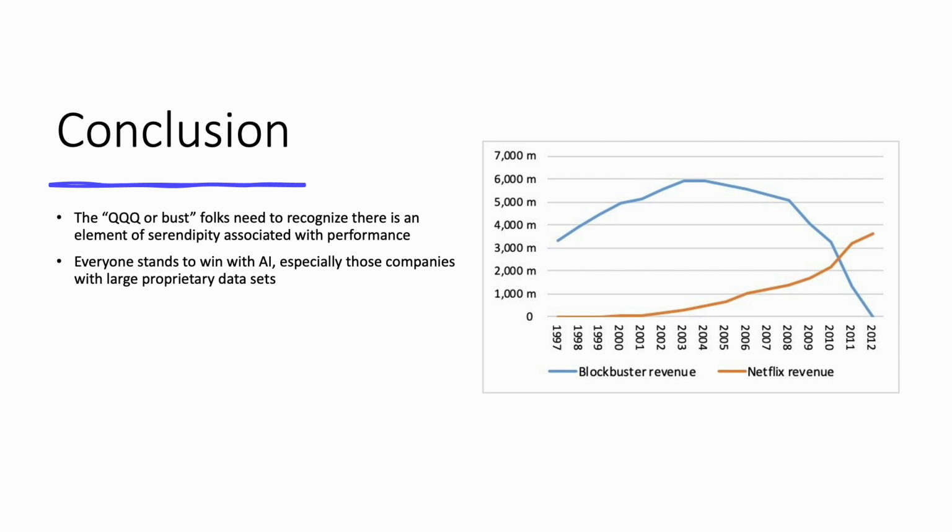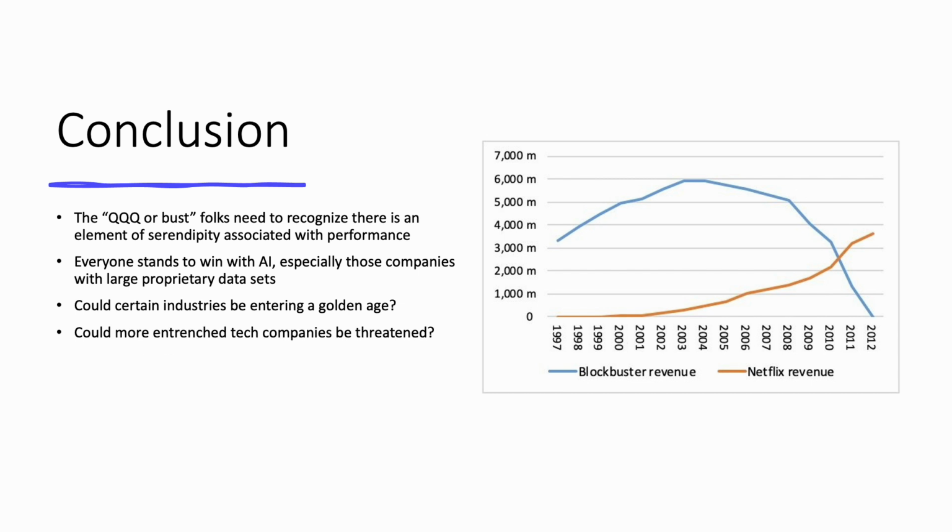AI in particular is a very disruptive innovation that stands to benefit many companies, especially those with large proprietary data sets. Now, certain industries may be entering a golden age. What if insurance companies suddenly become massively profitable because they have all this data that can be used to underwrite better policies? Could more entrenched tech companies be threatened?